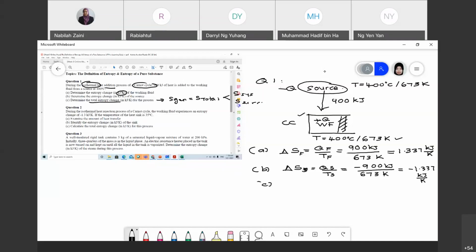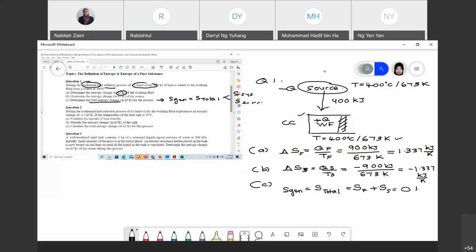Then for C, it is good for you to practice yourself to make a perfect solution by writing the complete formula. Entropy generation is equal to S total, which is S of the fluid, the system, plus S of the source, and then you may get 0 kilojoule over Kelvin, because of the same magnitude but different sign.